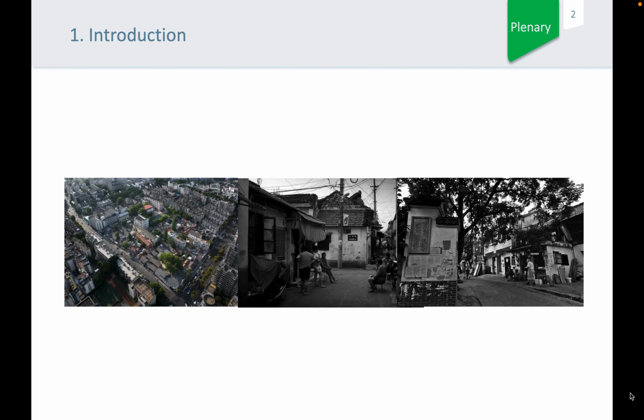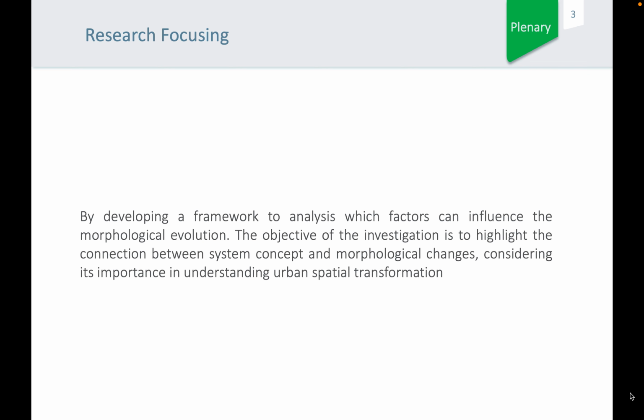We selected this area as a case study to interpret the transformation process and the dynamic factors. The research focuses on developing a framework to analyze which factors can influence the morphological evolution.